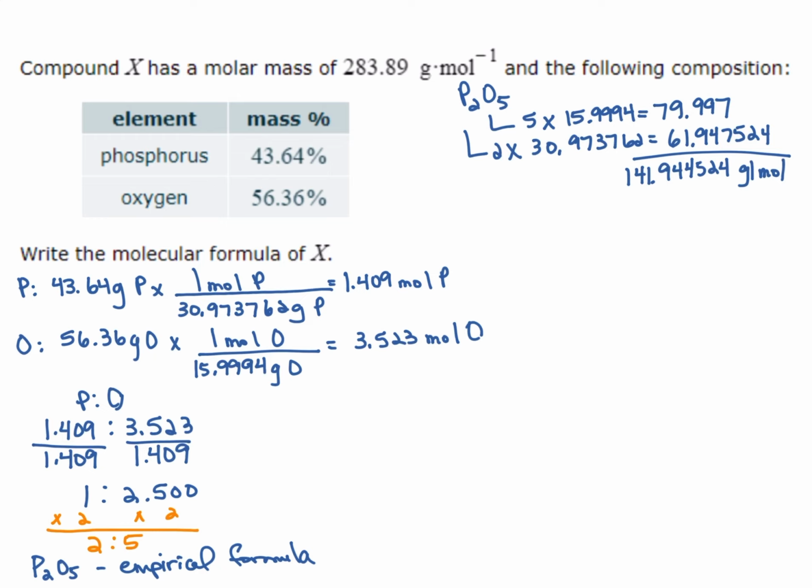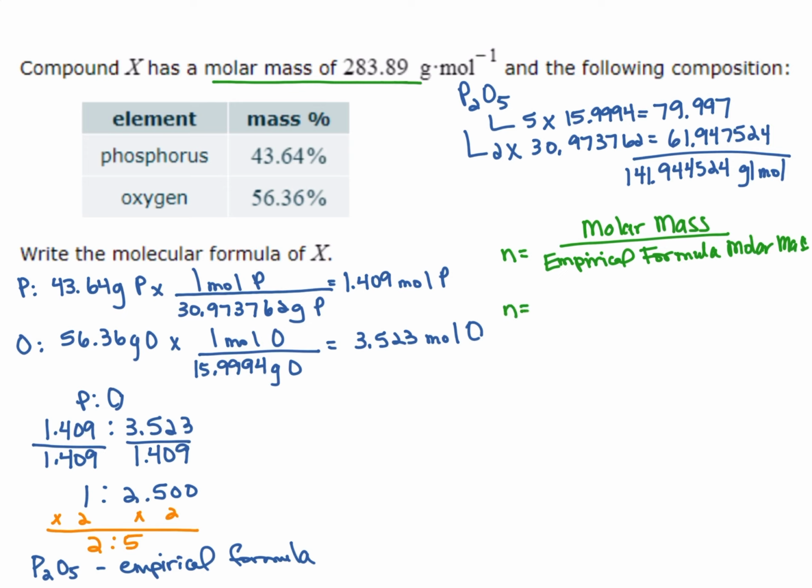The next thing we want to do is plug into the formula to find N. Remember, N is the molar mass divided by the empirical formula molar mass. The molar mass is in the story problem. The empirical formula mass is what we just calculated.